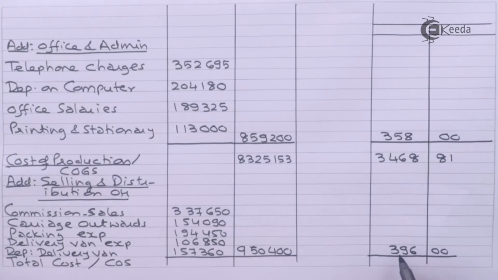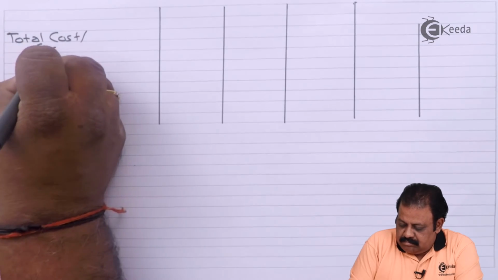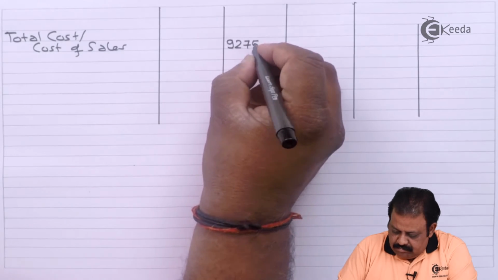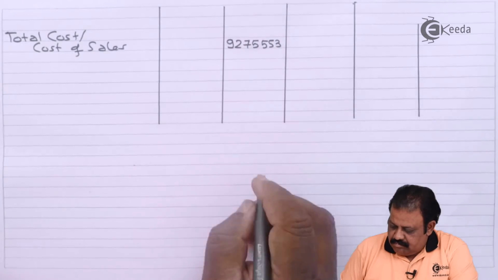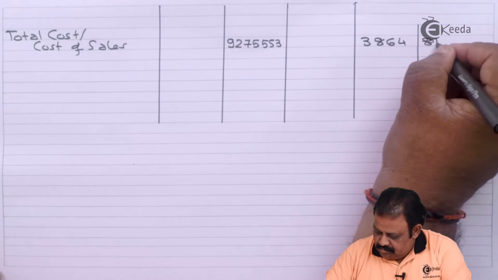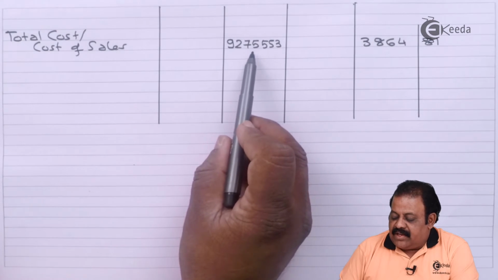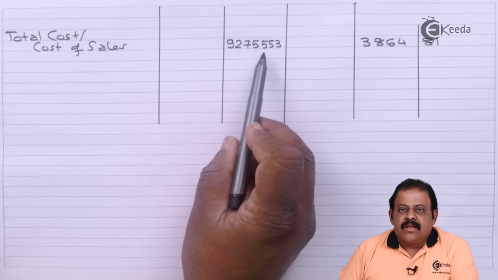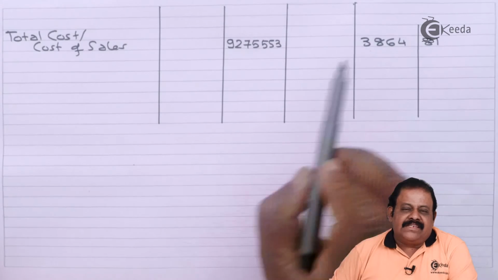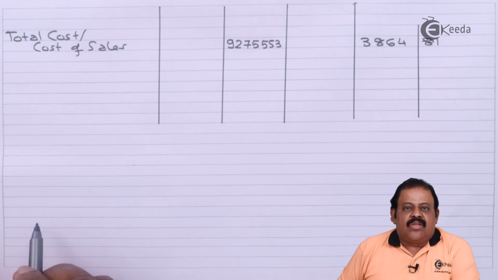Per unit it will be 396. We got total cost or cost of sales 92,75,553. Per unit it will be 3,864 rupees 81 paise.